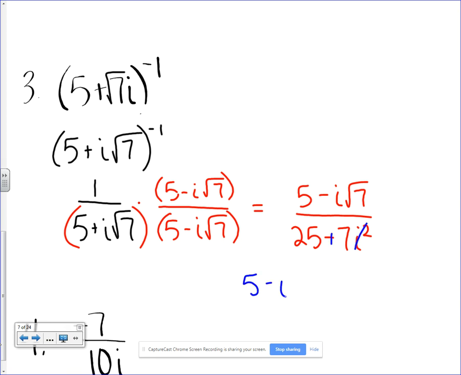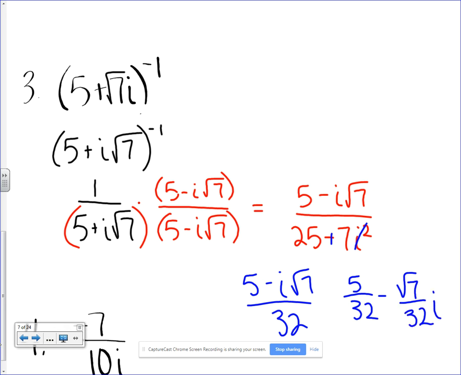So 5 minus i radical 7 all over what? And then break it up into the real part and the imaginary part. And that will be your answer. Don't forget to try and reduce if you can. Okay, those don't reduce, but do try and reduce.